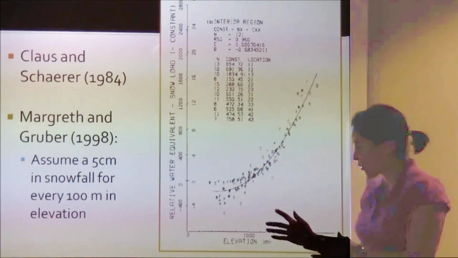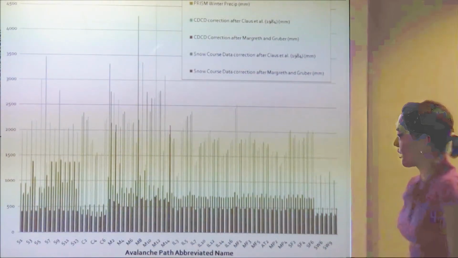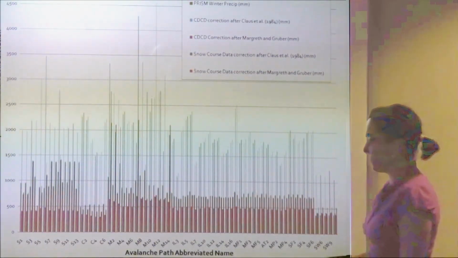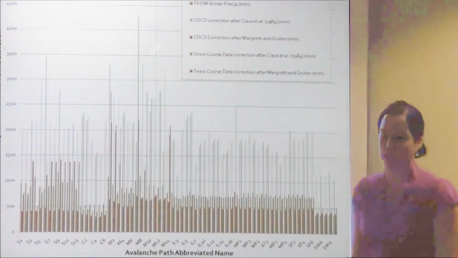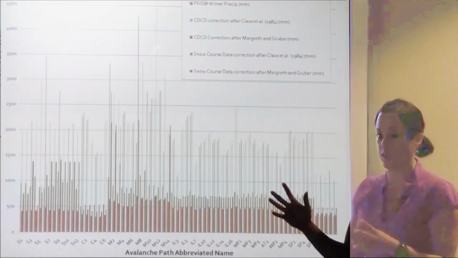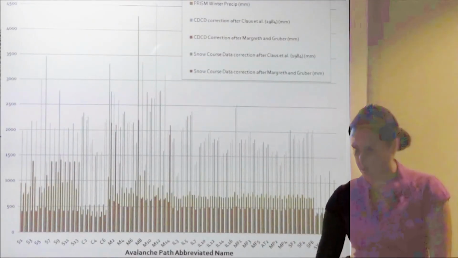If we apply these corrections to our valley bottom data, we end up with this noisy-looking slide that shows the lows and the highs that we're predicting for each of these locations. So you can see a really big variation, like 400%, between the prediction methods.